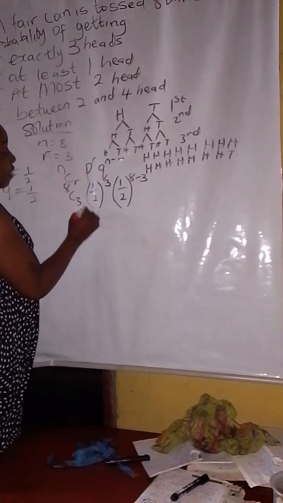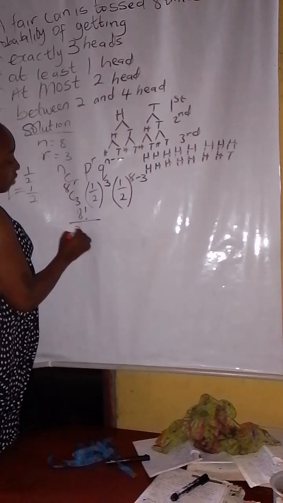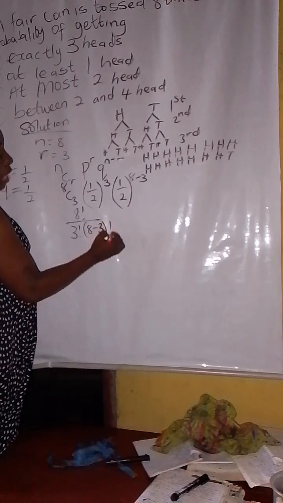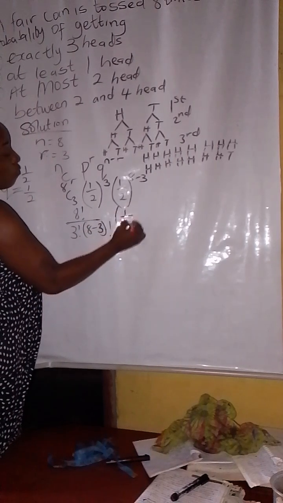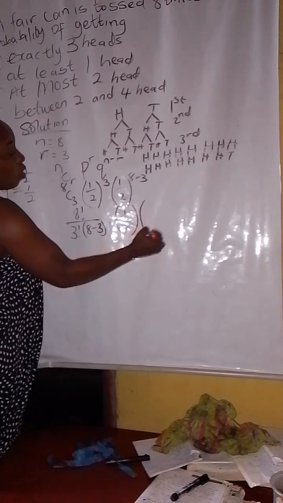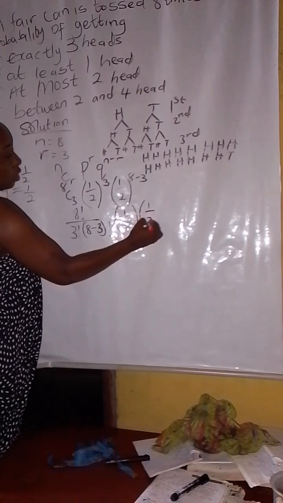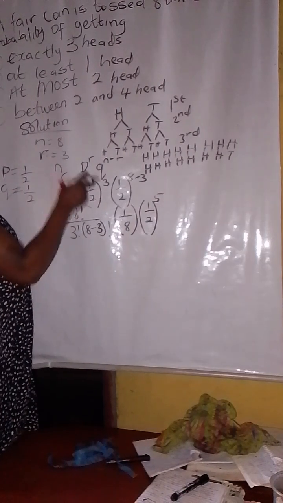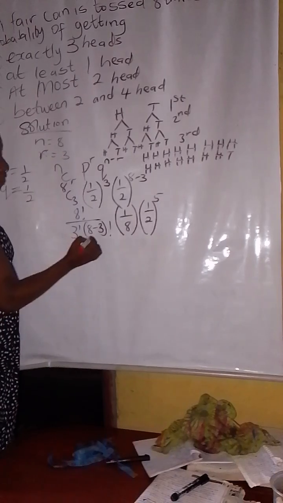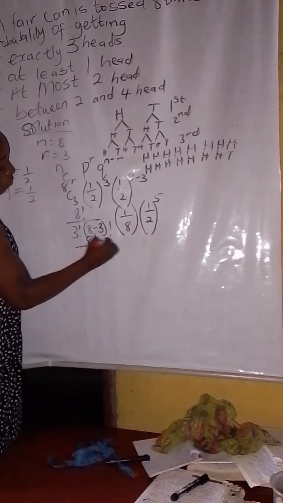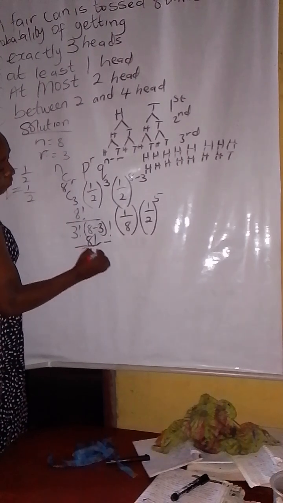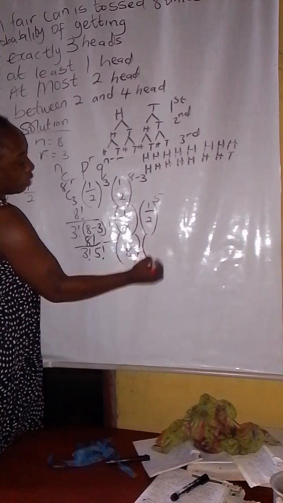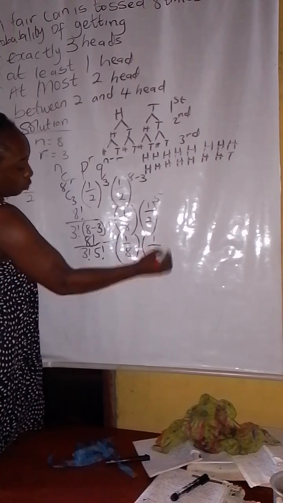So we have 8 factorial over 3 factorial times 8 minus 3 factorial, then 1 over 8, that is 1 over 2 cubed, and 1 over 2 raised to power 5. So we have 8 factorial over 3 factorial times 5 factorial, times 1 over 8 and 1 over 32.